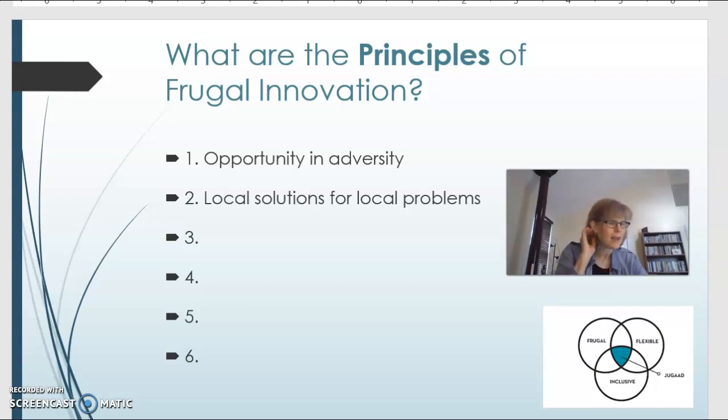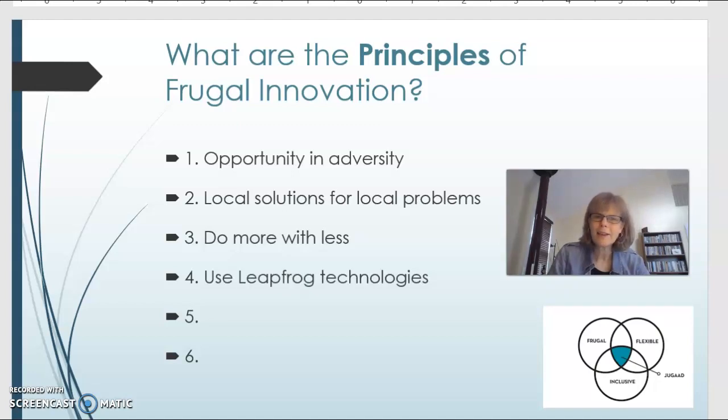I really saw that, especially in paragraph 3, as they talked about Peru and some of the solutions people were coming up with there for their water shortages. Do more with less. That was another basic principle that they talked about throughout the article. And use leapfrog technologies. So we'll talk a little bit more about that. What does that mean, to use leapfrog technologies?